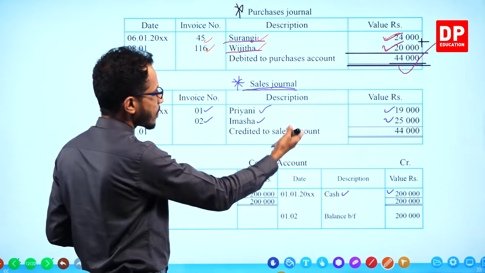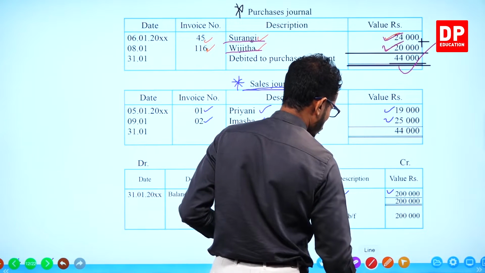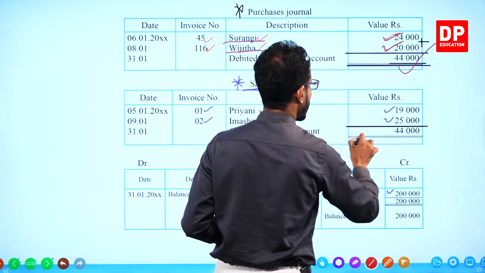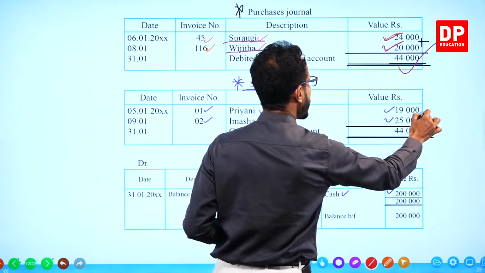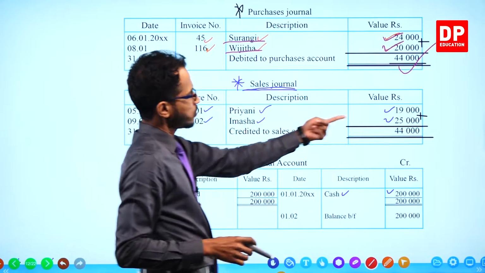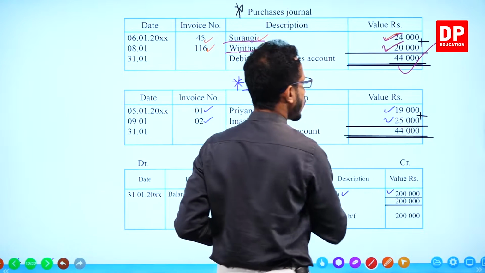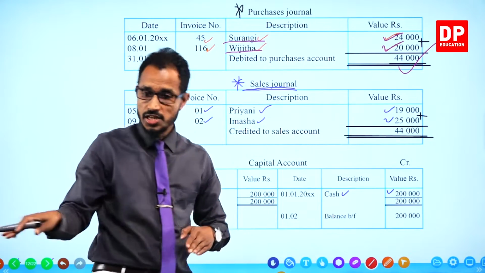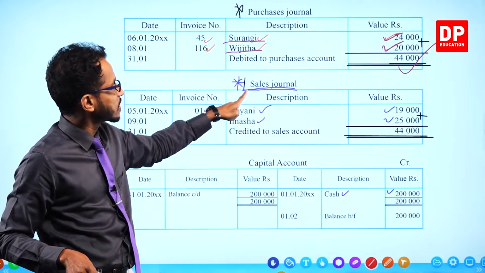So we are gonna sum up the sales journal. Total it. Take the total by adding all the entries. Only 2. 25,000 plus 19,000, it's 44,000. This 44,000 should be transferred to the ledger. To which ledger account? Sales account.